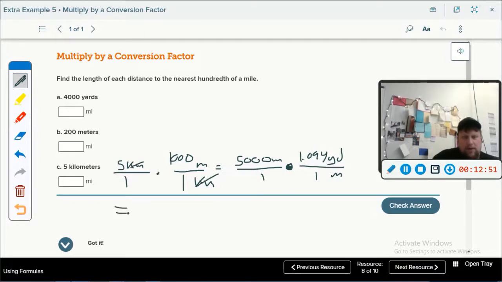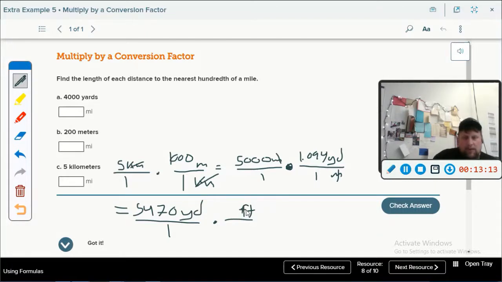So this equals 5,470 what though? Well, the meters canceled out, and I'm left with yards, which is going to be over 1 again. And I want to change yards to feet now. So I'm going to have feet up top. Whatever you want to change to needs to be on the side of where you want to change it.